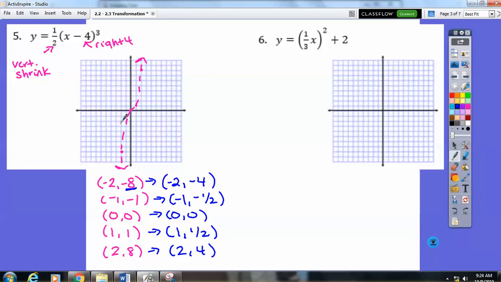Okay, so if I take my -2, -4, right here, and then you can just move it right. -1, -1/2, right. 0, 0, right. 1, 1/2, right. 2, 4, right.